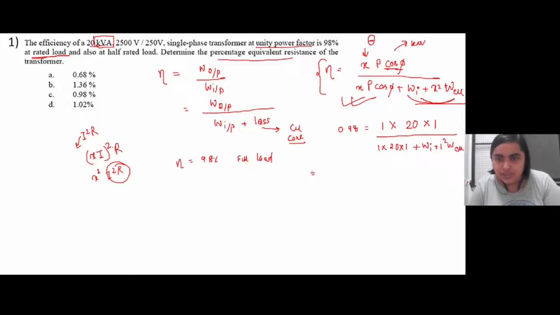So we'll just rearrange this, take this on this side. So it will be 20 plus Wi, this is the iron loss, plus WCU, this is the copper loss, is equal to 20 divided by 0.98.